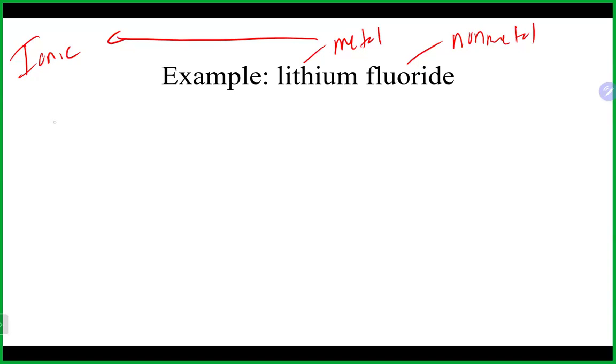Lithium is group 1, which means lithium has 1 valence electron. If we write the electron configuration for it, 1s2, 2s1. Right there is the 1 valence electron. Remember that lower energy electrons are referred to as core electrons. They are not involved because they're really close to the nucleus and they're held really tightly.